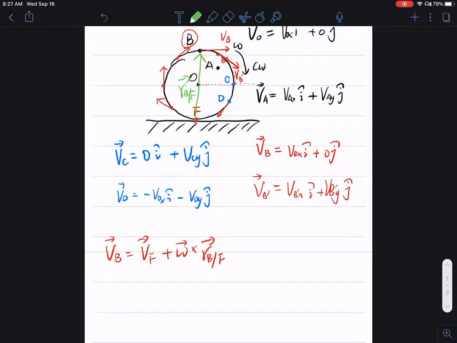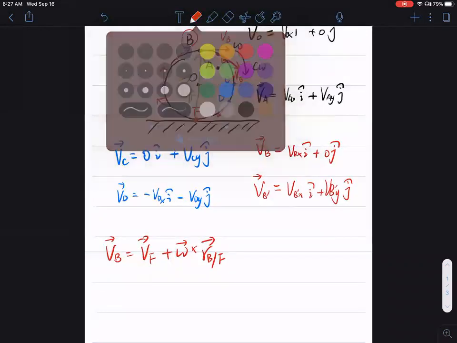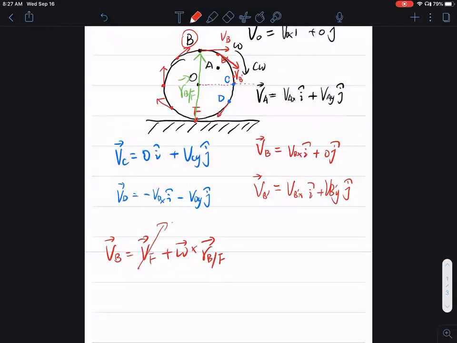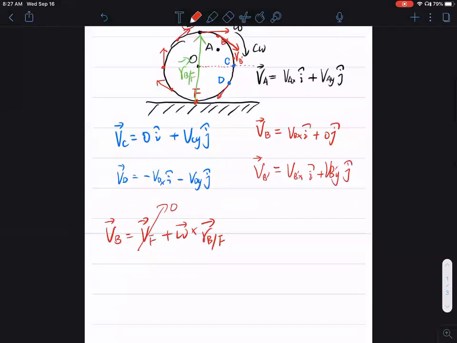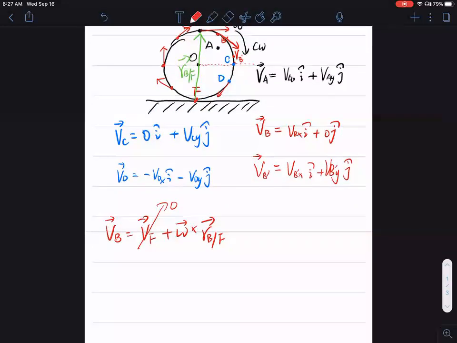Okay. And since we learned this is case 1, VF is 0. And therefore, we can find out what VB is.